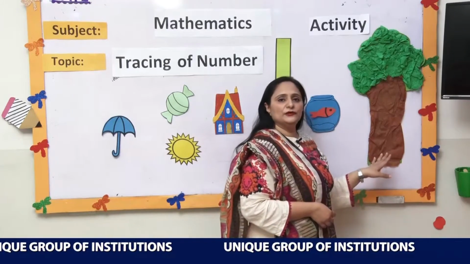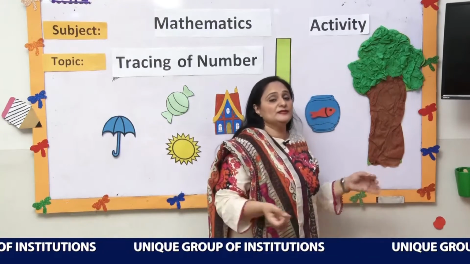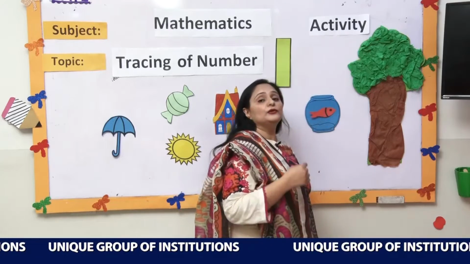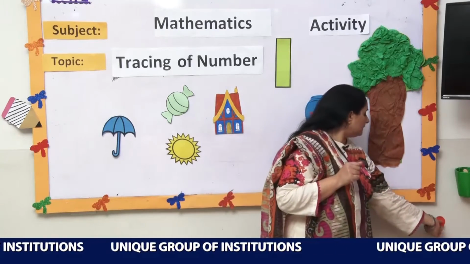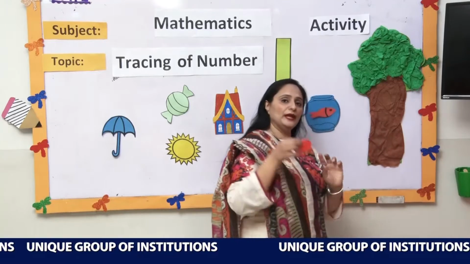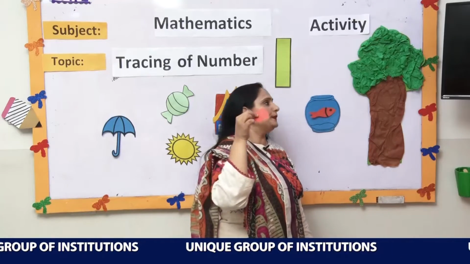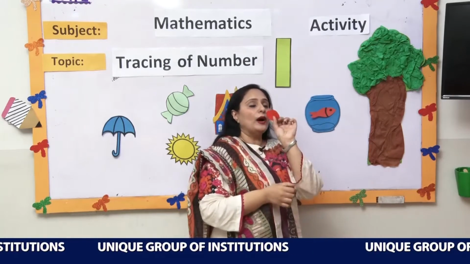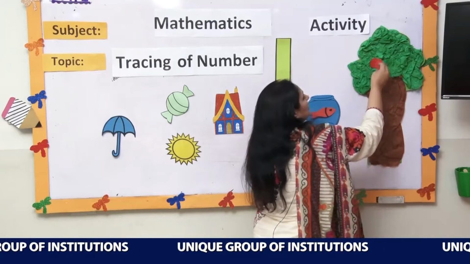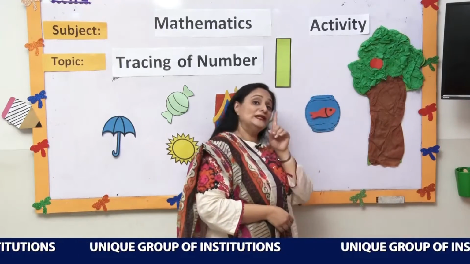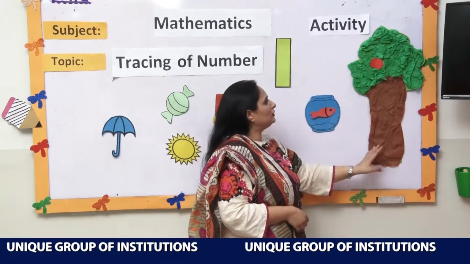How many apples are there on this tree? No apple. That means there are 0 apples. But today we have to paste one apple on the tree. Let's take one apple. How many apples are there in my hand? One apple. Now I am going to paste one apple on the tree. How many trees do we have here on the board?